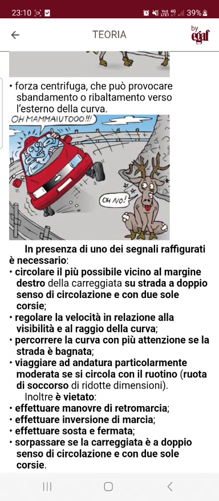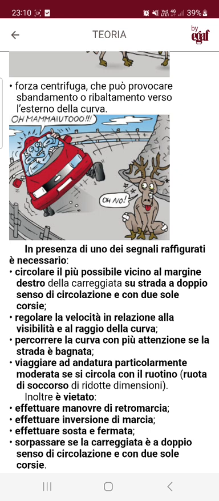He said, percorrere la curva con più attenzione se la strada è bagnata, which means you have to drive with attention when the road is wet, like when the road is slippery, maybe it's raining. So you have to always go into the curve with particular attention. You don't drive anyhow.